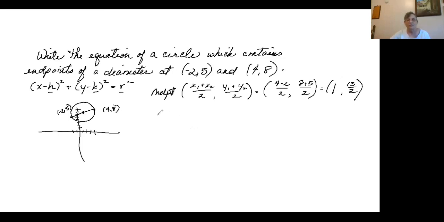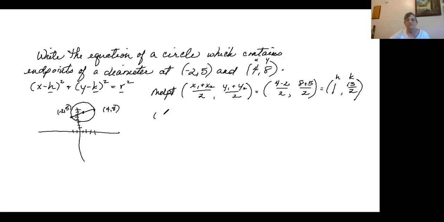The radius is going to be the distance from here to here, squared, but because the circle formula is essentially the distance formula, we can go ahead and pick one of these. Let's say we pick this one to be x and y. And this is of course H, K. So we can plug x and y and h and k into this side and just solve for r squared.